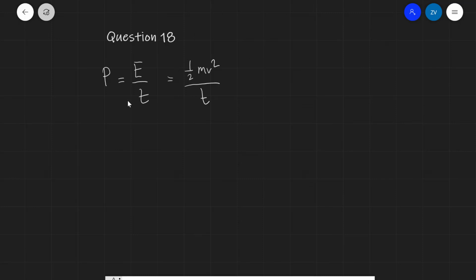The units for the mass are kilograms. The units for v squared are m s^-1, all of it squared, and I'm going to divide that by seconds. This is equal to kg m² s^-2 divided by s.